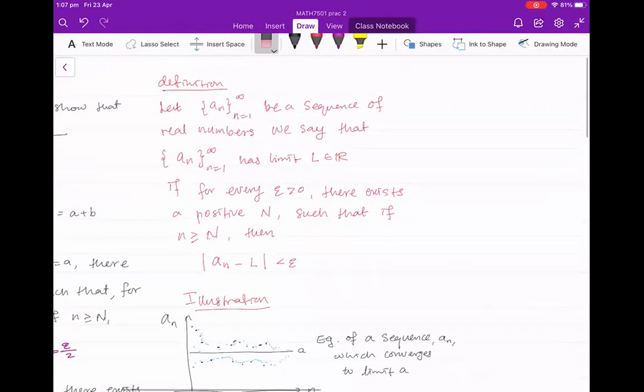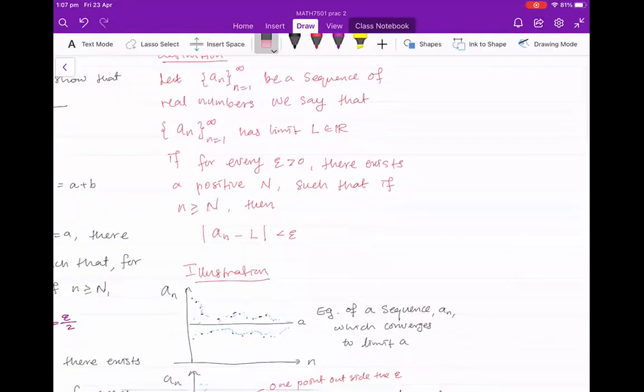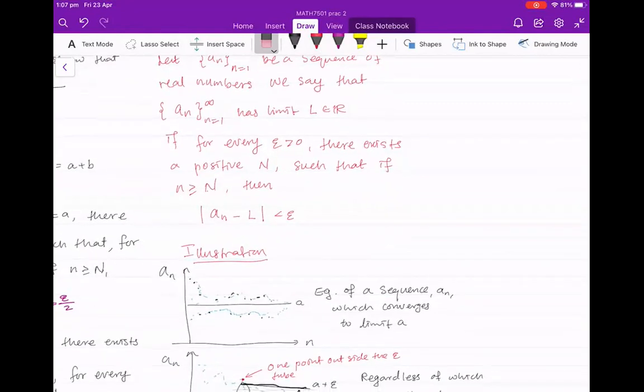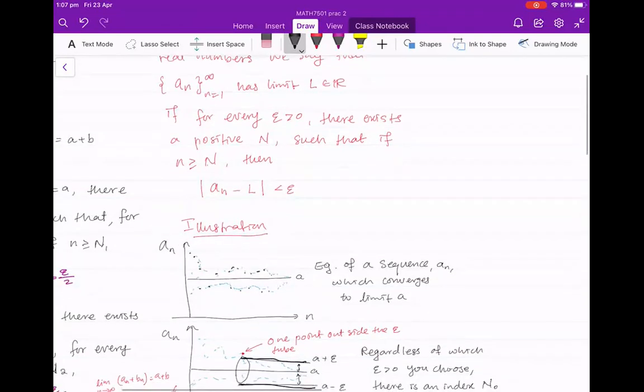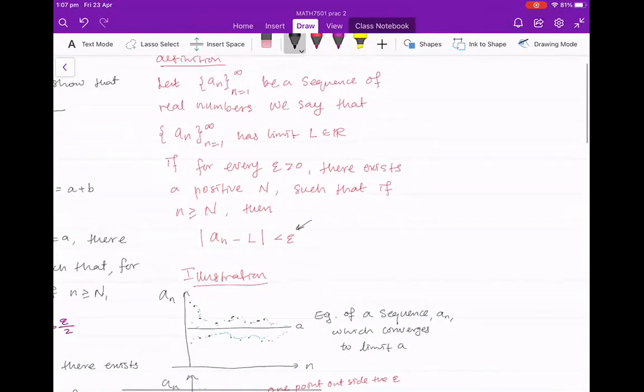If a_n is a sequence, n equals 1 to infinity, of real numbers, we say that a_n has limit L in the reals if for every epsilon positive, there exists a positive integer N such that after that integer, the sequence of points are bounded within that epsilon neighborhood. That's the formal definition.